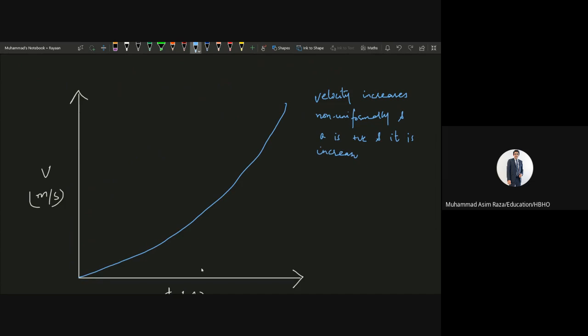You understand that? Yes. Because this is an upward curve, it shows that velocity is increasing, but it is a non-uniform increase. So there is an acceleration, and acceleration is also not constant. Because acceleration is not constant, it is also increasing, but this is a positive increase, right?